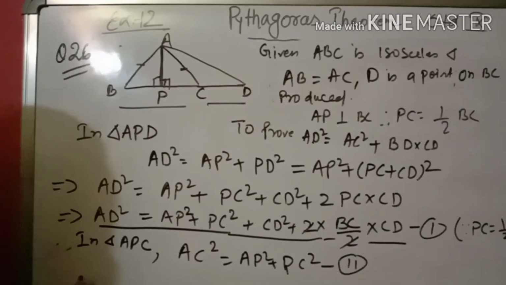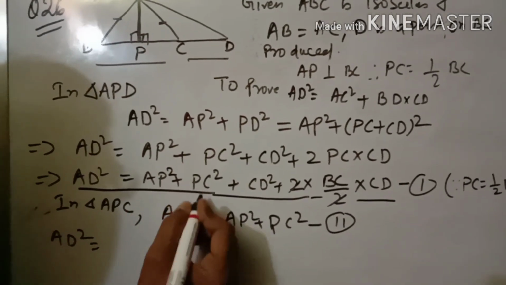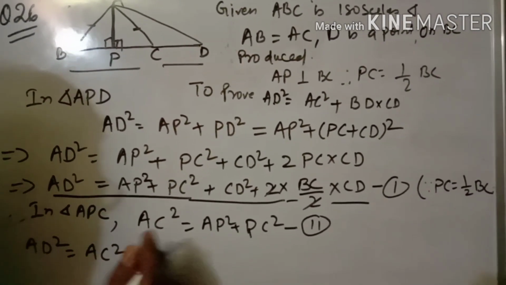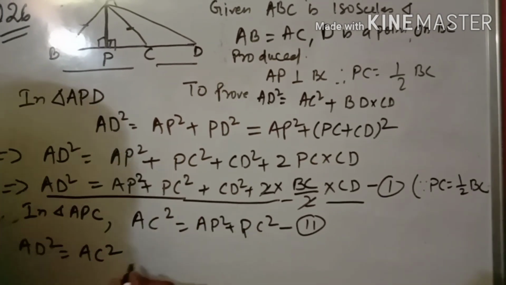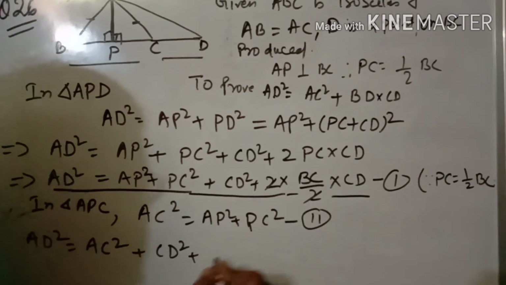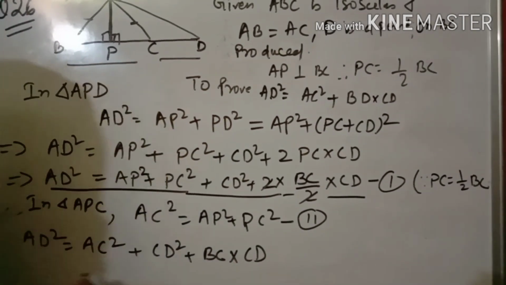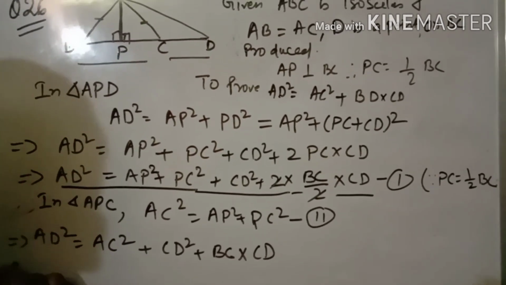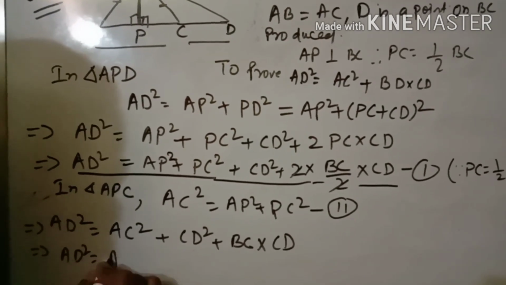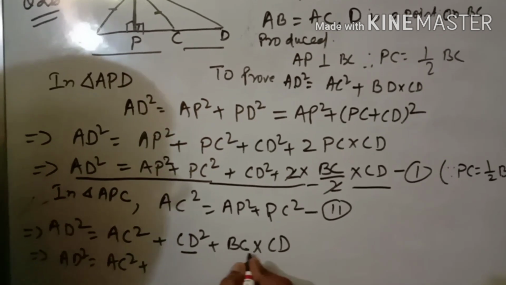See, AD square equal to AP square plus PC square. I can write AC square, plus CD square plus BC into CD. This implies that AD square equal to AC square plus, here I can take common CD.